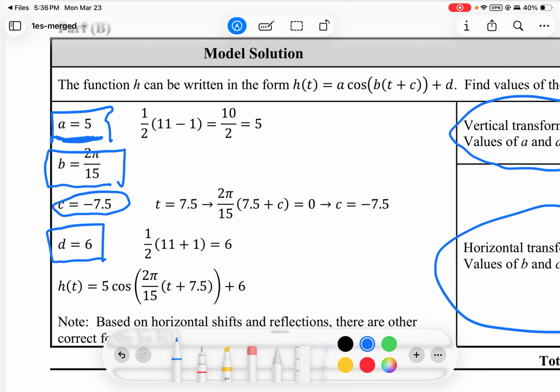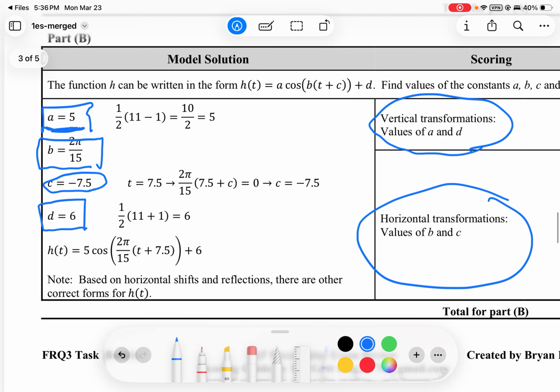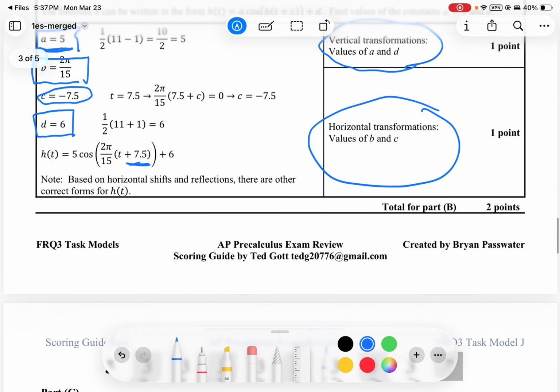And C, negative 7.5. Yeah, you could have, well, yeah, plus C. So you could have also had a positive 7.5, like I was saying. Either of those will do. There are other correct forms based on shifts. This is where AP readers are trained to find all of the correct forms.